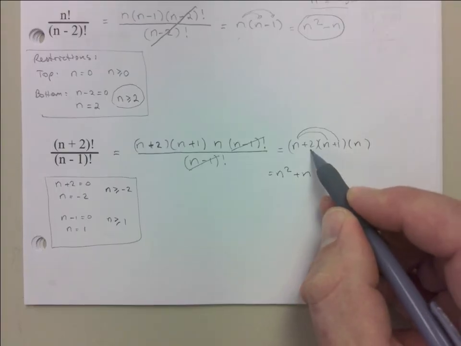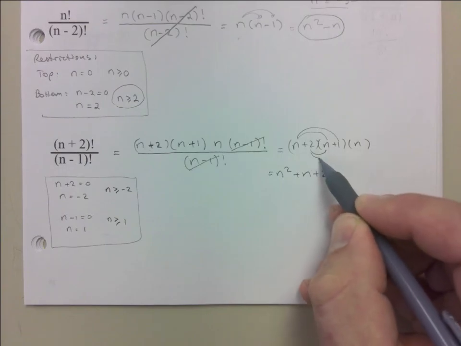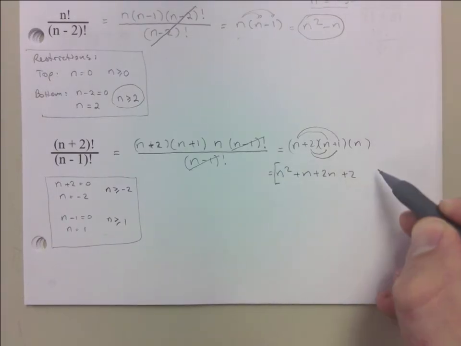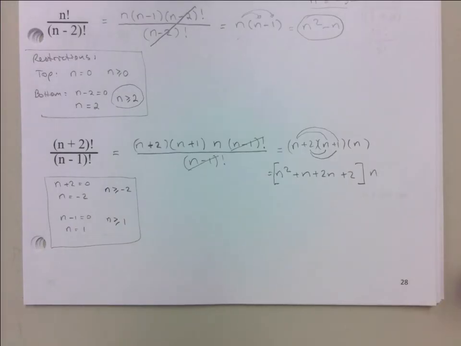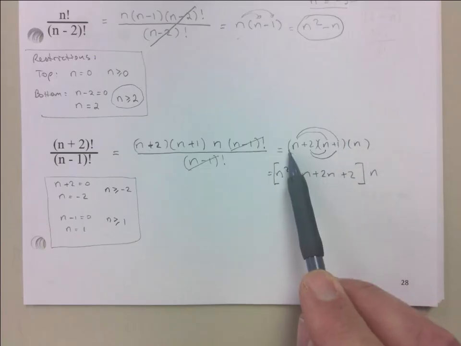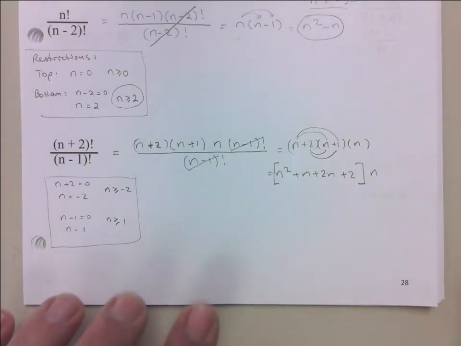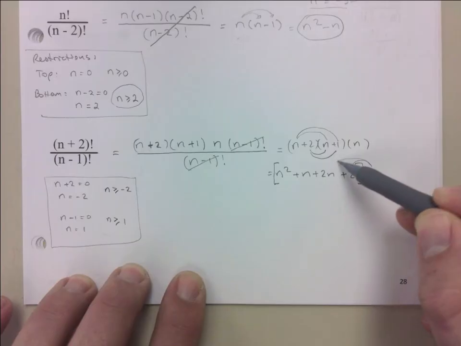Then you move over. 2 times n is 2n. 2 times 1 is 2. And all of this is still being multiplied by that n that's just waiting out there to be included, right? So it's FOIL. Pick the first one, multiply it across. Take the second one, multiply that one across. And now I will pick the n and multiply that one.